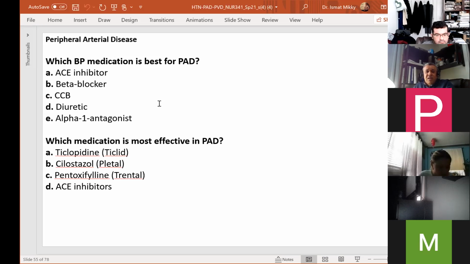or one single indication, that will be the Pletal. But we don't use it for other arteries, like the coronary arteries or carotids or for the CVA, cerebrovascular disease. But for the lower extremities, it is very effective.